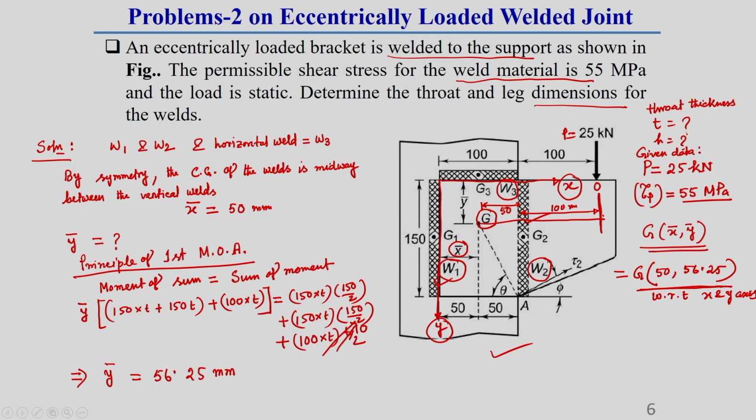So the eccentric distance, the position of applied load P, is GO, the perpendicular distance. Always here I am writing GO in this way. So GO equals 100 plus 50, that means 150 millimeter.